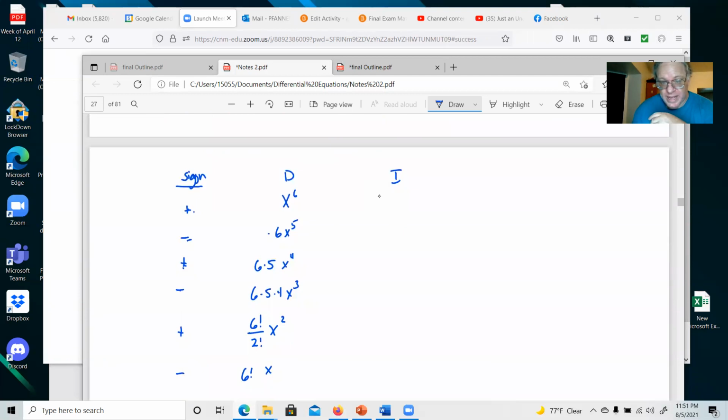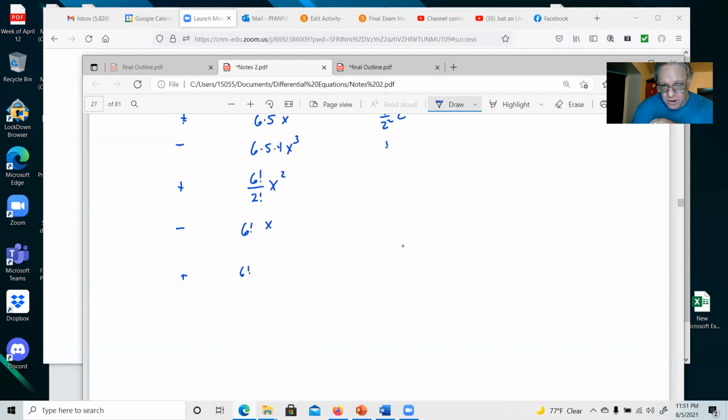And then we have our I column, and that's going to be the part that we're integrating. We're integrating whatever's left. This is e to the 2x. This is 1 over 2 e to the 2x. 1 over 2 squared e to the 2x. 1 over 2 cubed e to the 2x.